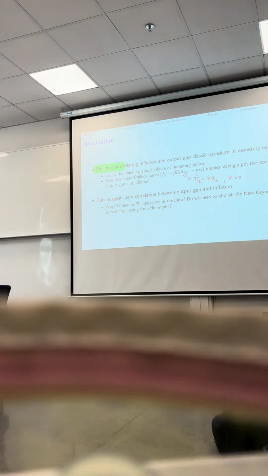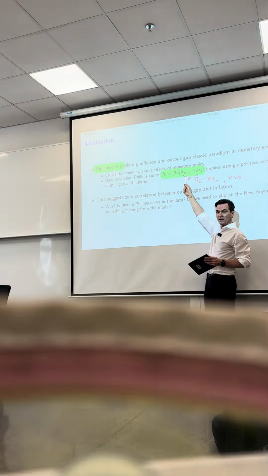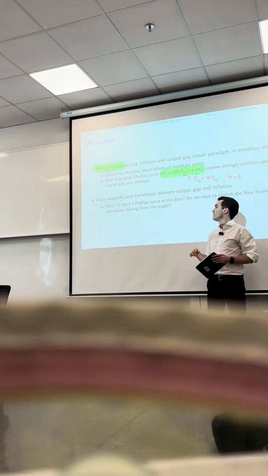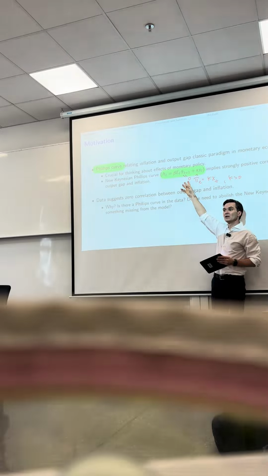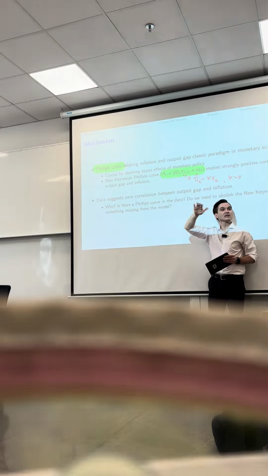Now the problem that we have is that the model we've studied so far is a model of inflation determination, where inflation is a function of expected future inflation and the output gap. For simplicity, let's suppose inflation expectations are always anchored, in the sense that inflation expectations don't move, just as an example.